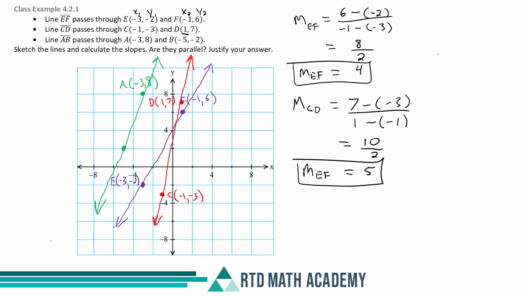So now we've got the slope of AB. So the last one here, y2 was -2, so -2 minus y1, which was 8, over -5 minus -3.